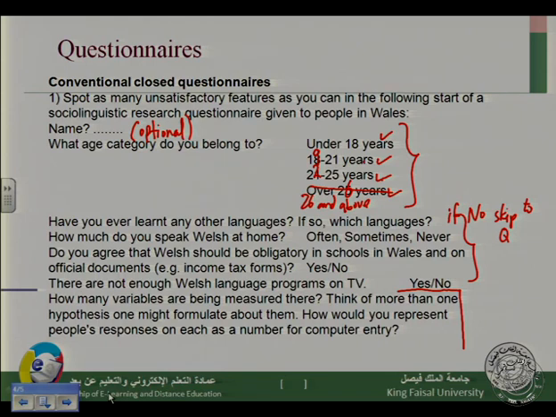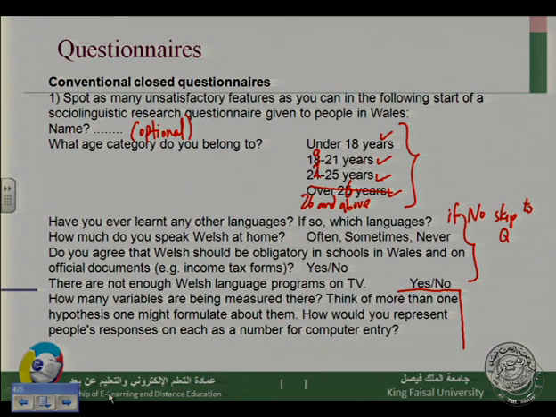You are leading your participants to agree with you. So avoid using do you agree, don't you agree, are you with this, are you against that. Try to avoid these statements. These are called leading questions, because they unconsciously lead your participants to agree with you.